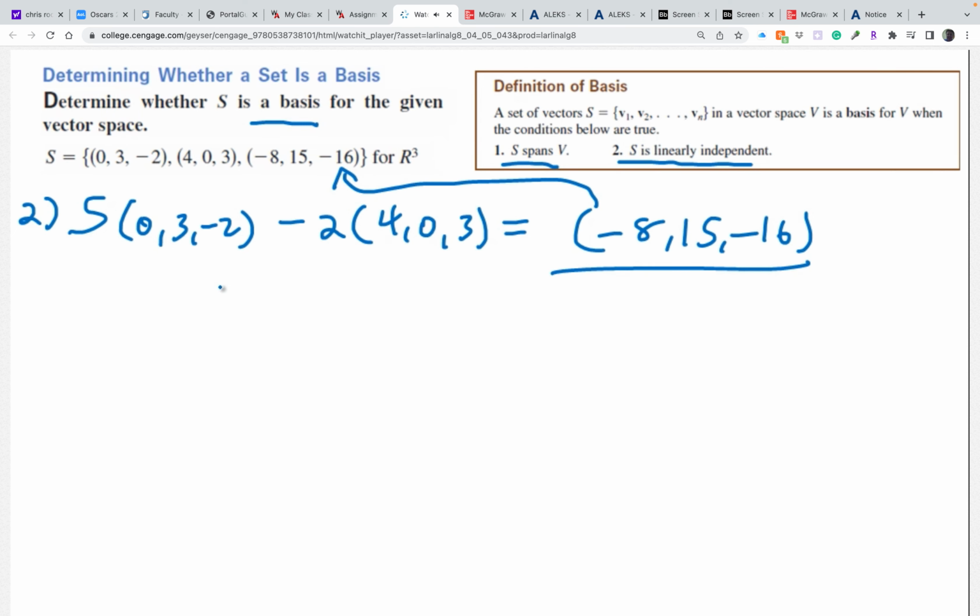So in this case, we can see that S is not linearly independent. So we've violated the second condition, but we can also check the first as well.